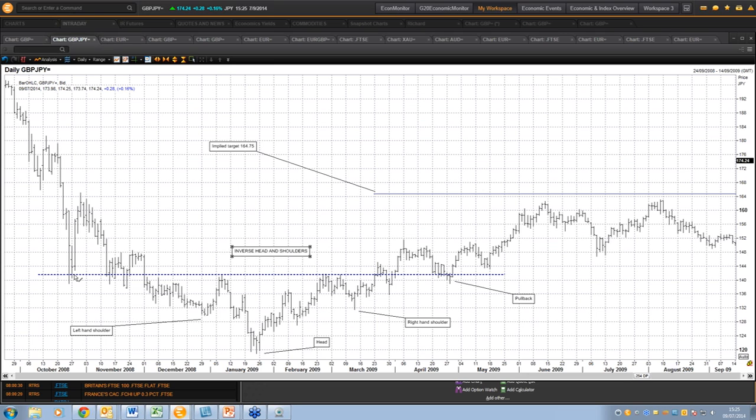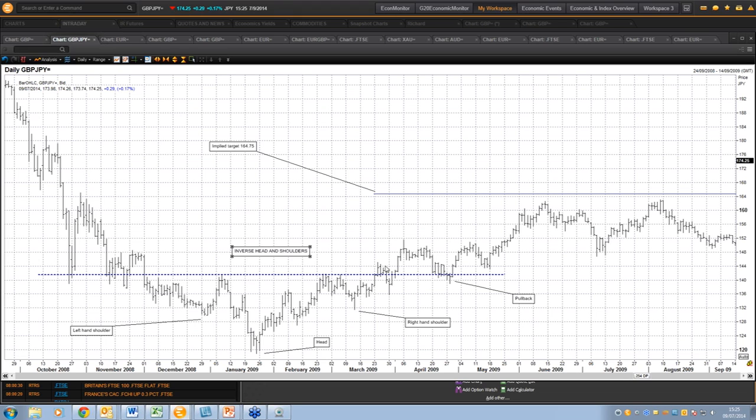That resistance coming around these old lows, which was interesting, and then started to build. You had the head, and then a test of that resistance again fell over. You then got a smaller head, smaller shoulder, sorry, and then the breakout.